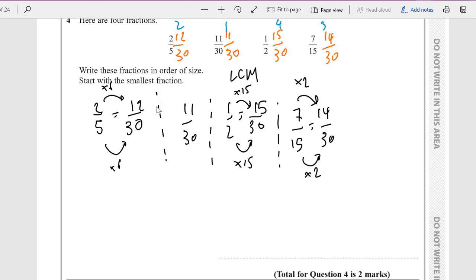So if we write out in its original form, we'd say 11 over 30, and then 2 over 5, and then 7 over 15, and then a half, and that will be our sequence in terms of order of size from smallest to the largest.